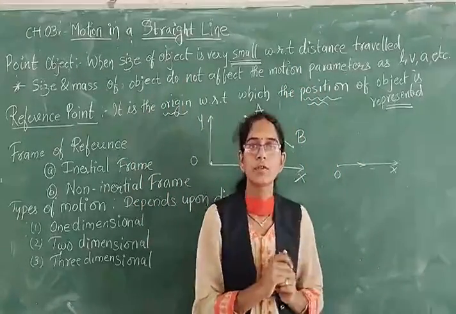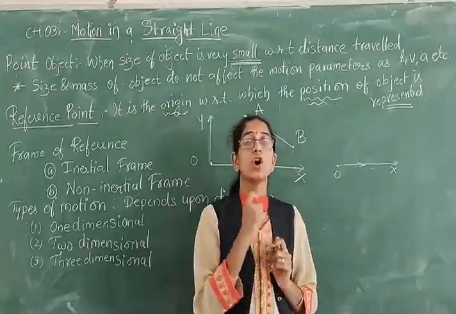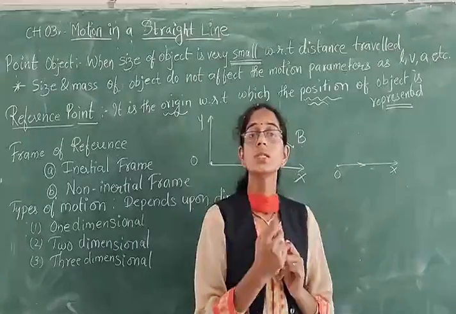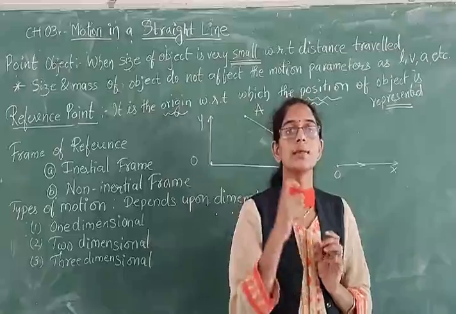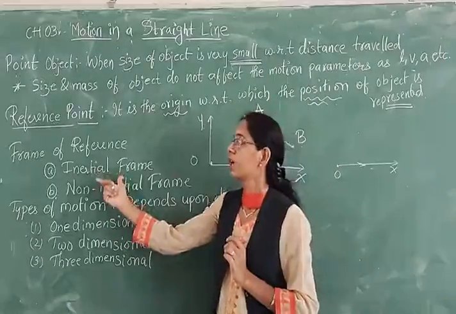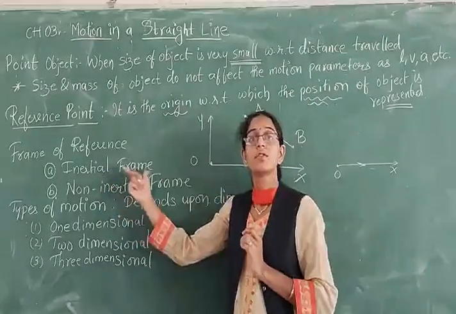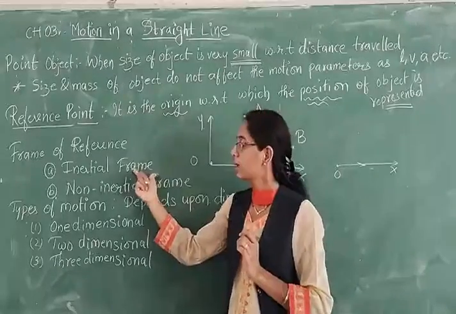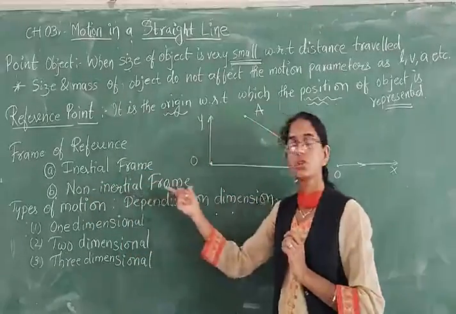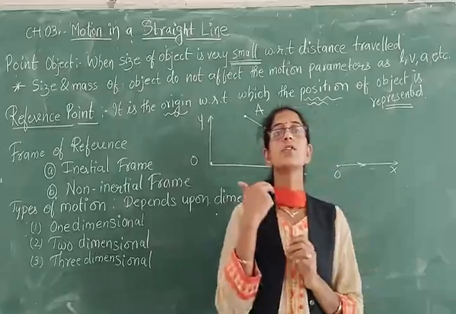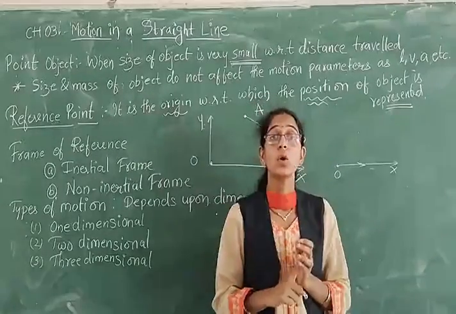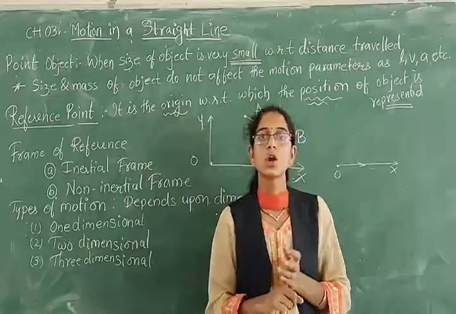Now in a frame of reference, if the object is following Newton's laws of motion, then that frame is called as what? Inertial frame. In the other way, we have non-inertial frame wherein the object which is under motion does not obey Newton's laws of motion.